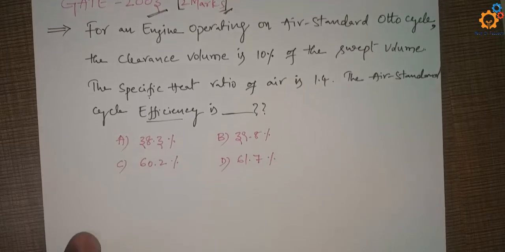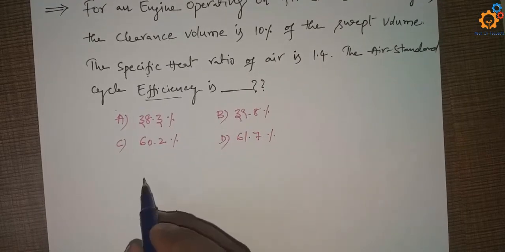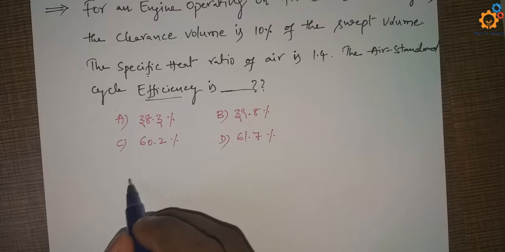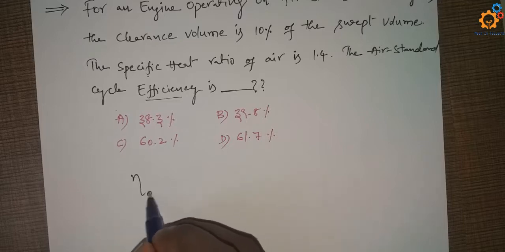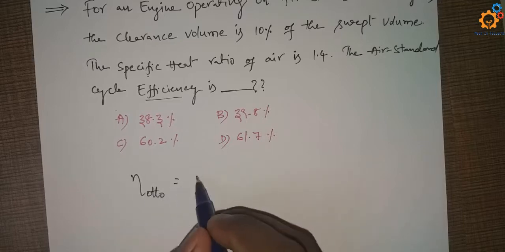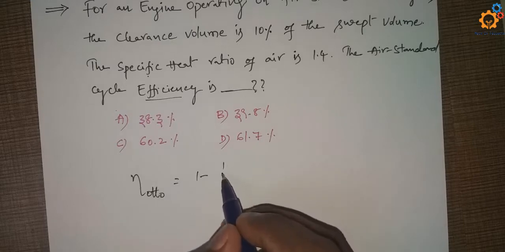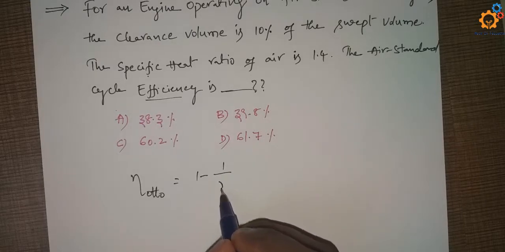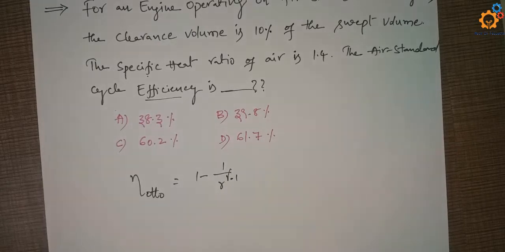What is cycle efficiency for Otto cycle? That is 1 minus 1 by R power gamma minus 1.